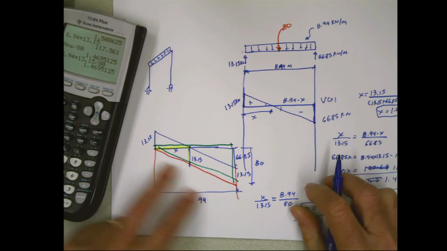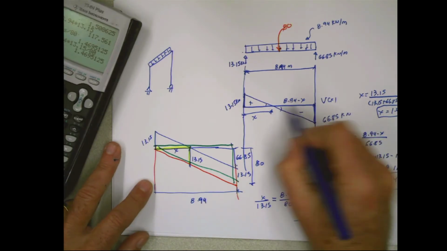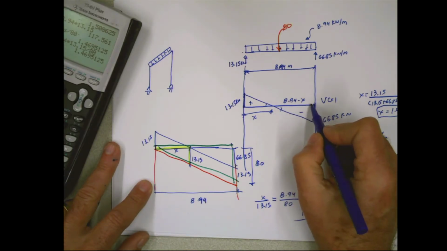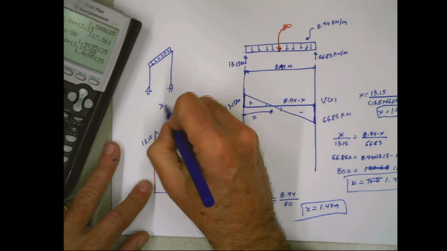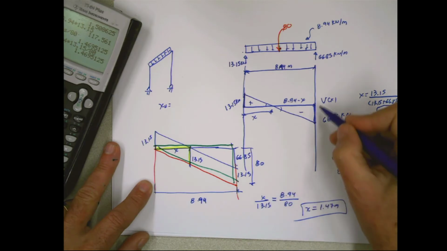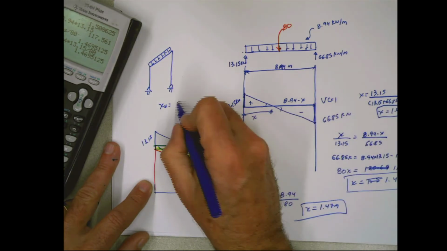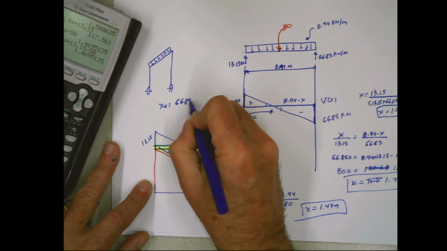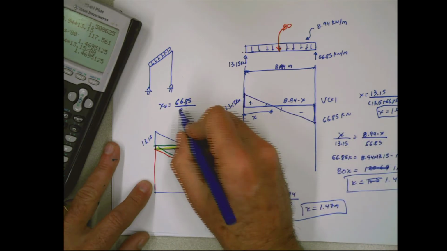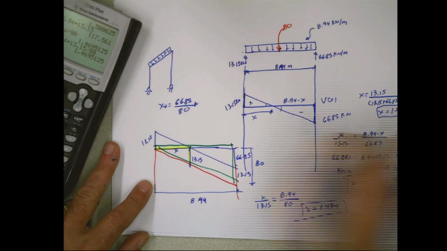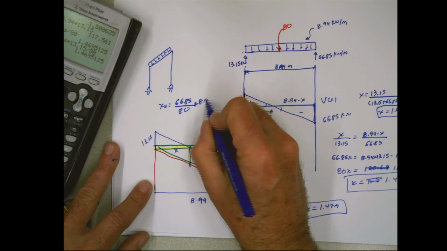Similarly, if you want to calculate this distance here, in this end, I'm going to call it x2. That distance x2 will be the height of this triangle, 66.85. Same situation, the height of the triangle, divided by the total load, which is 80, and multiply that by the length, which is 8.94.